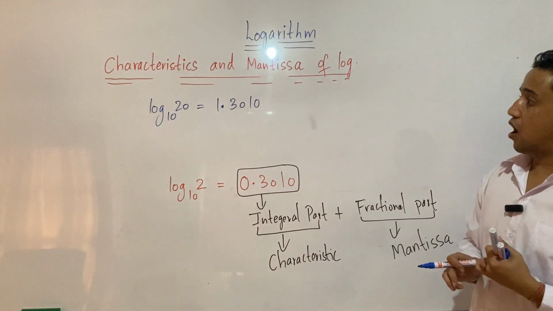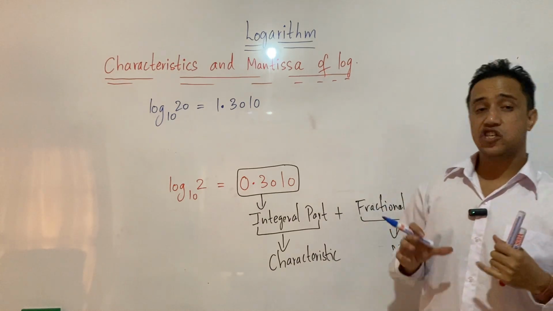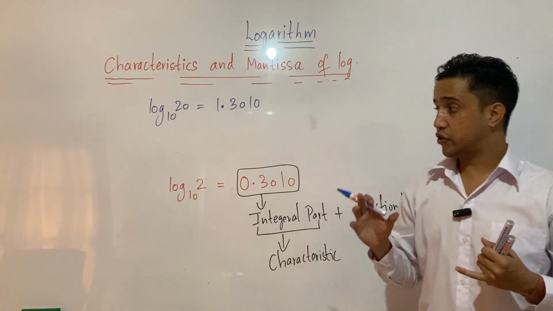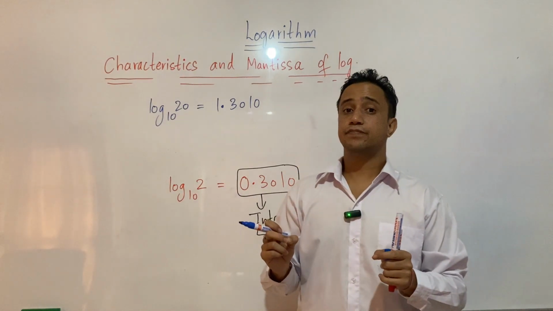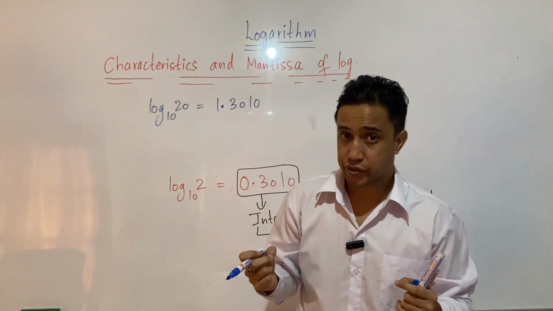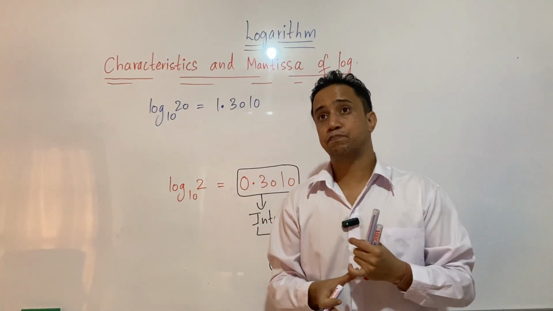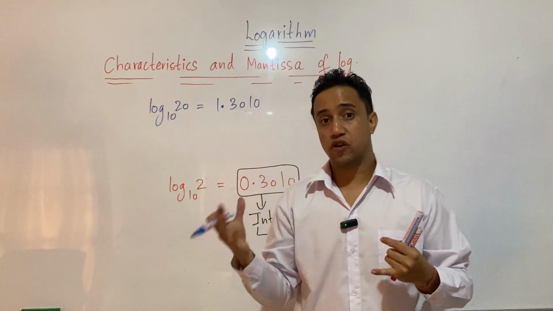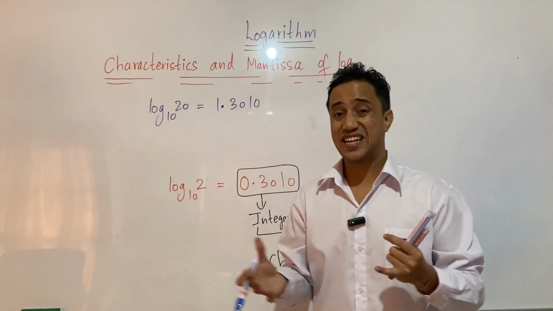What you can do is learn or memorize the values of a few numbers. It's better if you memorize the values of log 2, log 3, log 10, log 20.